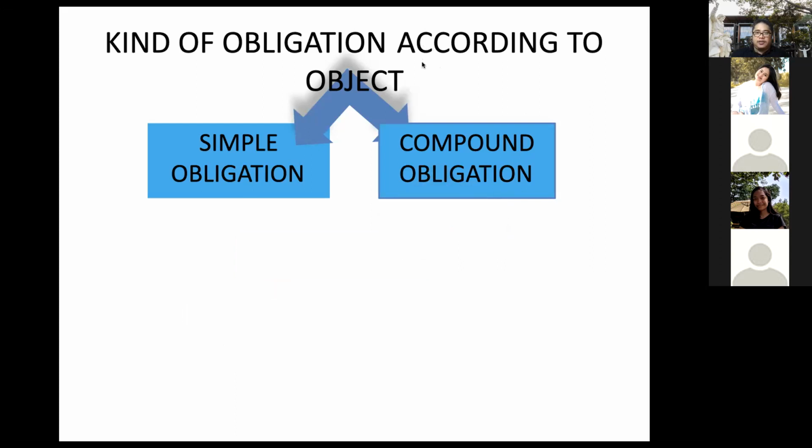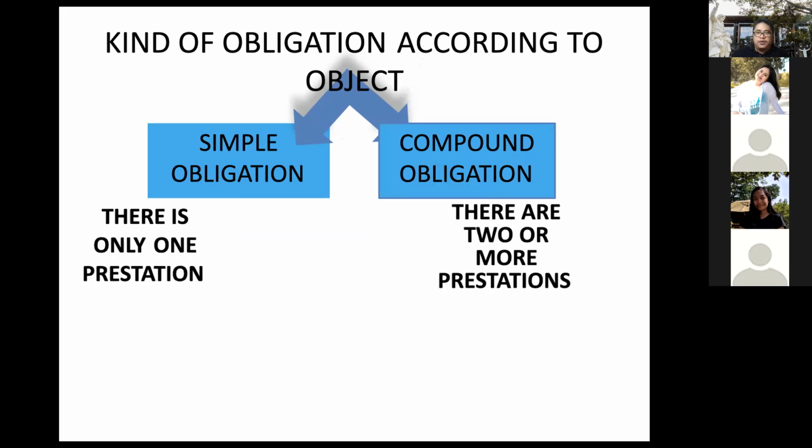Let's go a little back. When you are distinguishing a simple obligation from a compound obligation, take note, one prestation versus two or more prestations that may be available. The objective in a compound obligation is to create a simple obligation, making the choice would then convert it to one where there can only be one prestation to become due and demandable.